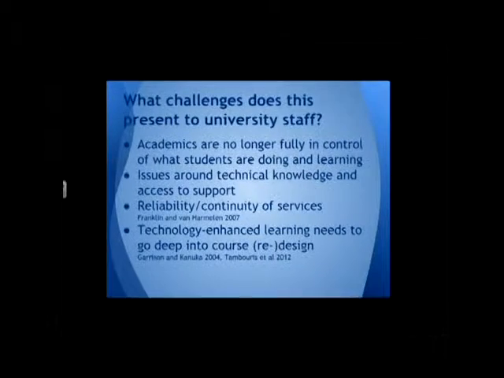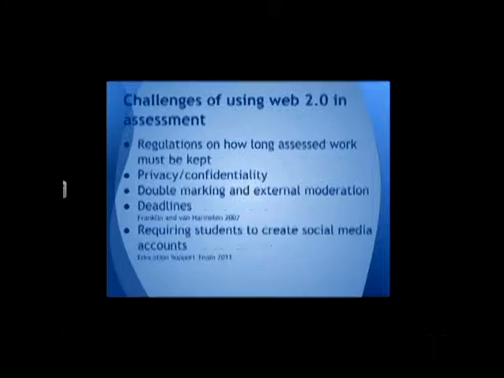So there's also a whole set of challenges specifically to do with assessment within higher education, which the use of what I've called Web 2, or social media, social software, can impact upon. So this is things like the fact that, generally speaking, assessed work needs to be kept by the university for X number of years after it's been submitted.